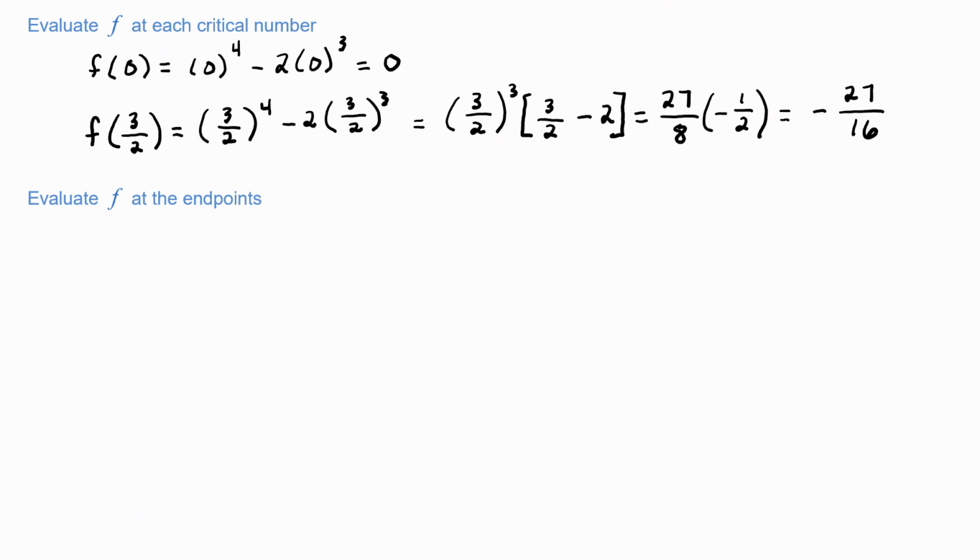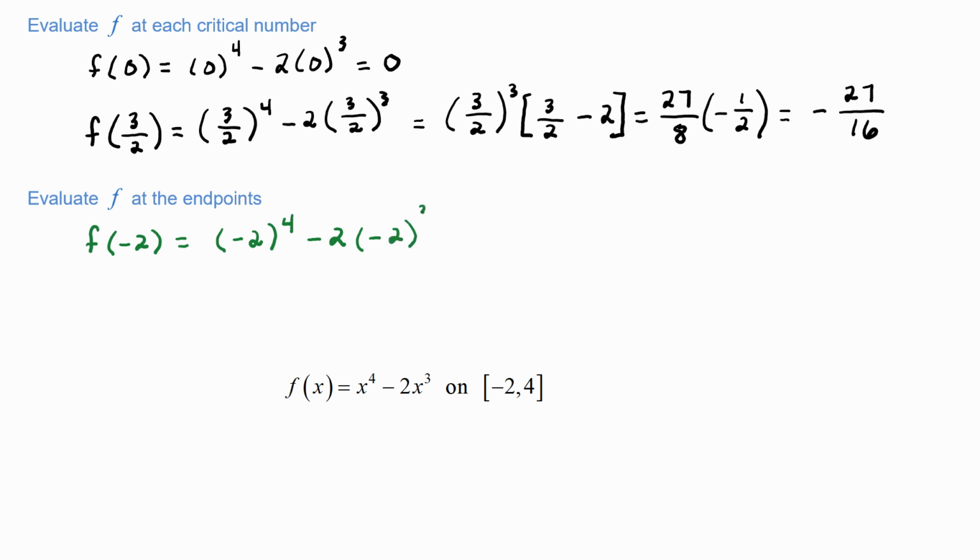Step 3 says we have to evaluate f at the end points. So that means we need f of negative 2, which is going to be negative 2 to the 4th minus 2 times negative 2 cubed. Negative 2 to the 4th is 16, and we have to subtract 2 times negative 2 cubed.